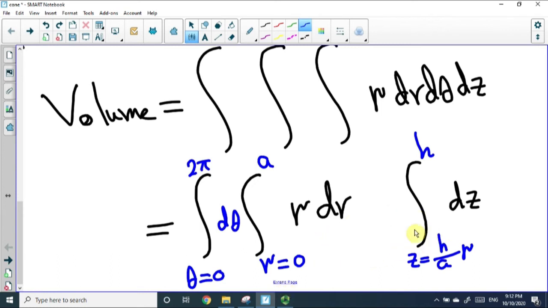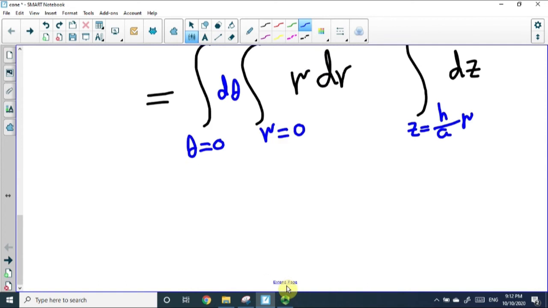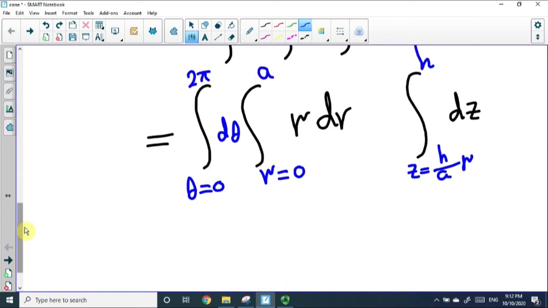Given the order, I'm going to start by integrating over z, then over r, and finally over theta. Of course, the integration over theta has nothing to do, as you can see, with the integration over r and dz. So I could even do it from the beginning. The integration over theta is going to give me 2 pi. And that's it. For the other two, I have to be careful about the order.